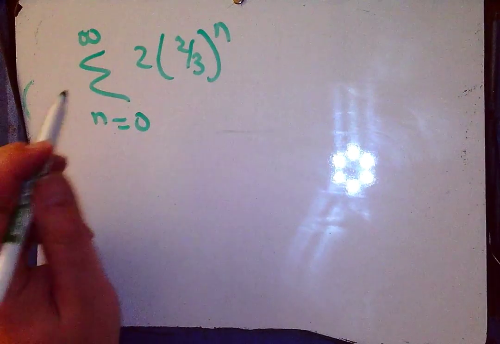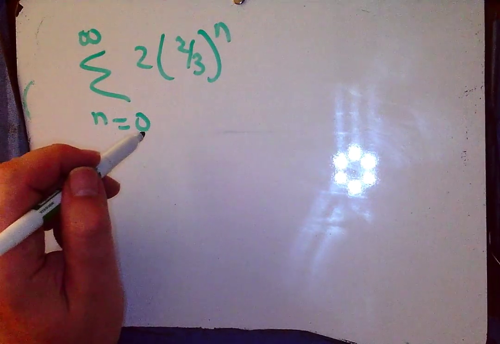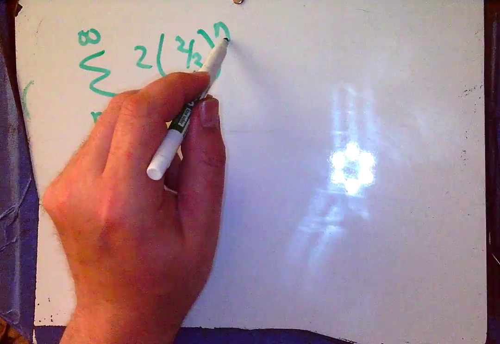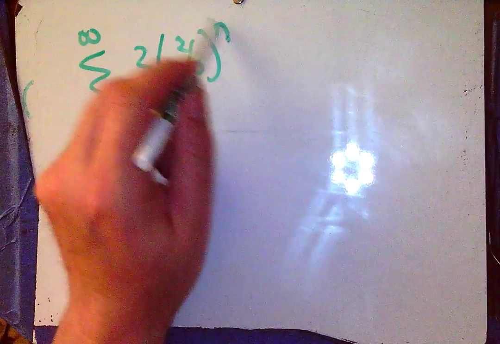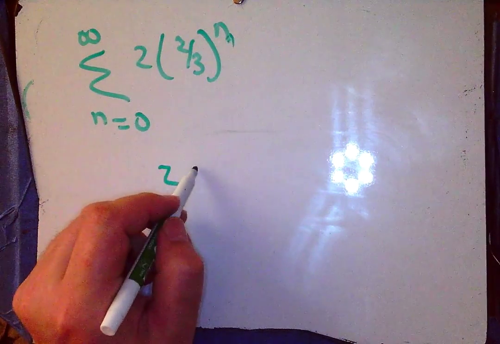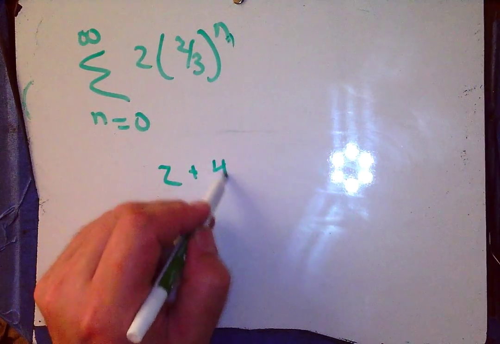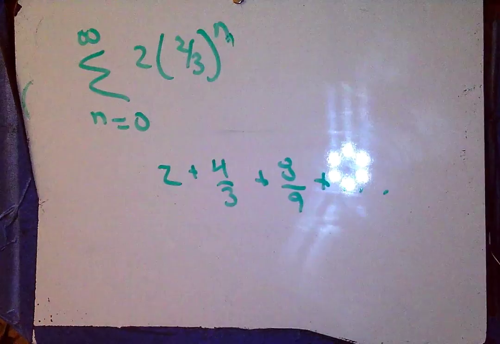And infinite's different than finite. It's okay to start here with 0 for our infinite sum. And let's see why. If we plug a 0 in here, we get 1 times 2 is 2. And then I would have 4/3, and then I would have 8/9, and so on.